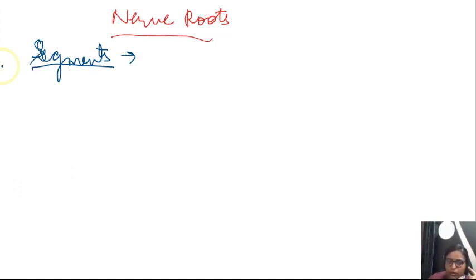See, we know we have the 31 spinal segments, and we have seen how it is. Now we will see the nerve roots.